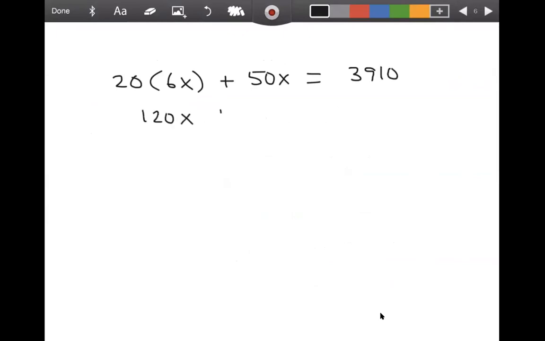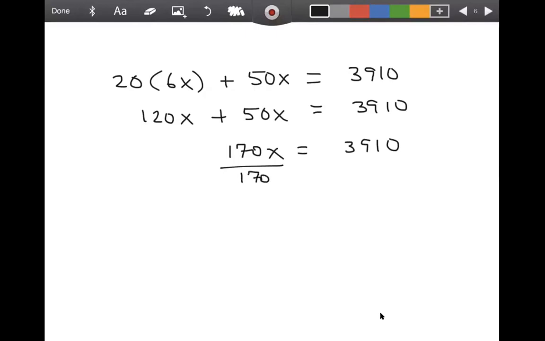So we have 120X plus 50X equals 3,910. 120 plus 50 is 170. 170X equals 3,910. And finally, dividing both sides by 170, I get X equals 3,910 divided by 170, which is 23.